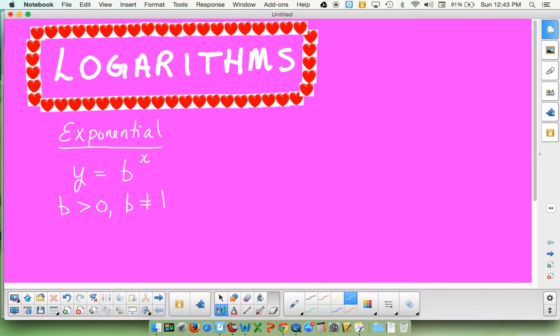We said that y would also then, because the base is greater than 0, y is always going to come out greater than 0.